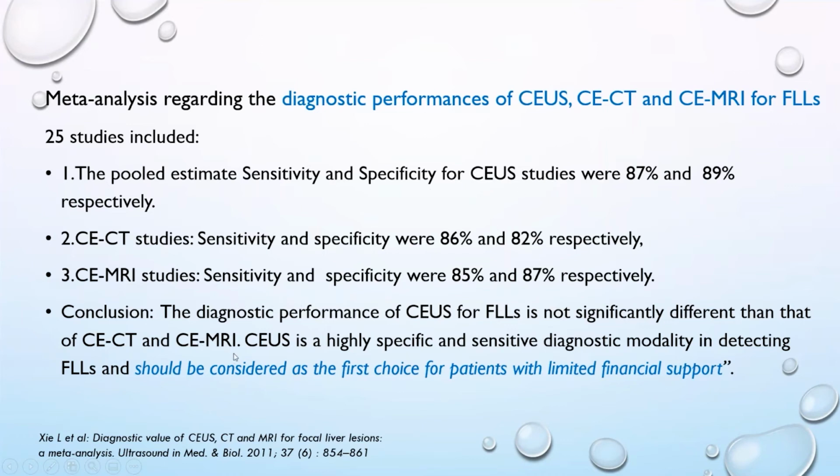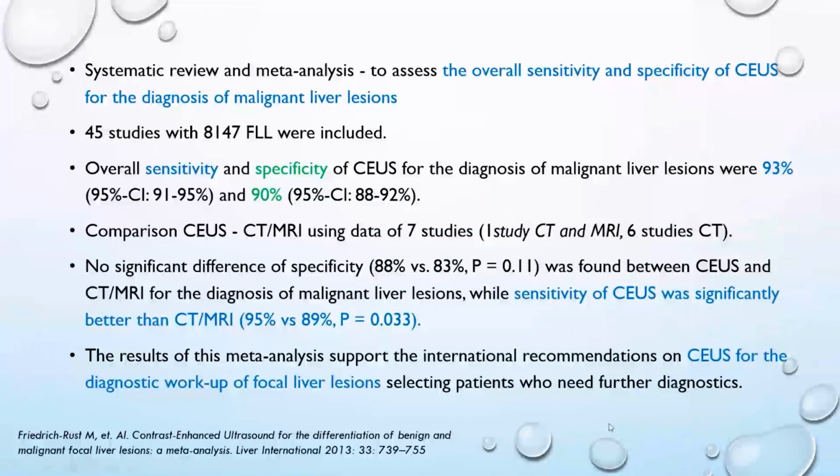This is why the authors concluded that this technique should be considered the first choice for patients with limited financial support. It's also one of the easiest ways to approach the patient, because you don't need to send the patient to another technique. You can perform the investigation yourself immediately after you have performed the ultrasound investigation.